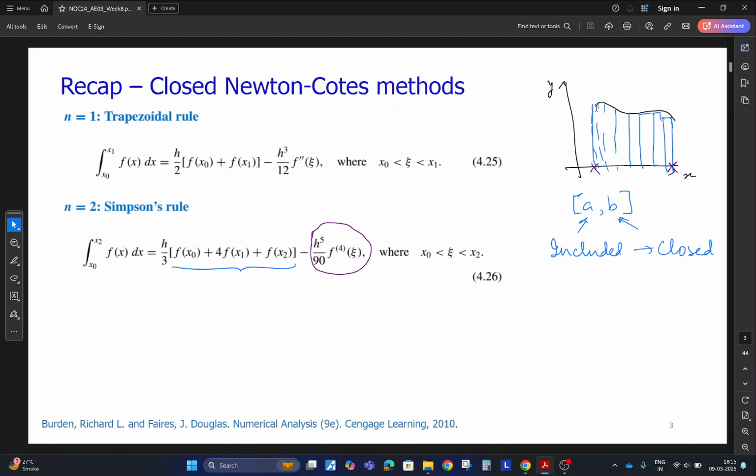For n equals 1, the closed Newton-Cotes method is called the trapezoidal rule, formally stated here in equation 4.25. Integral from x naught to x1 of f(x) dx equals h by 2 times f of x naught plus f of x1, minus h cube by 12 times f double prime, the second derivative of f, at zeta, where zeta is a point between x naught and x1.